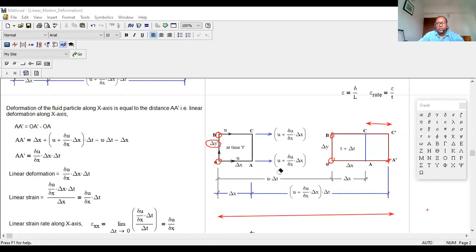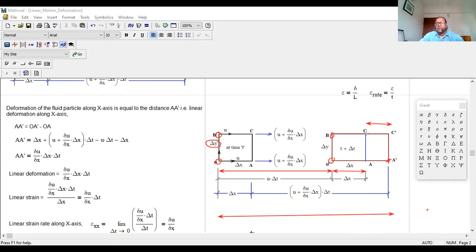Similarly, we already know the distance from this point to this point, delta u t. Now, how can I figure out this distance? So take the total distance and subtract this one.